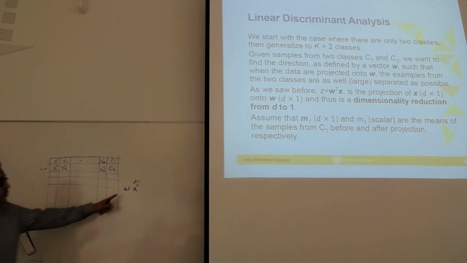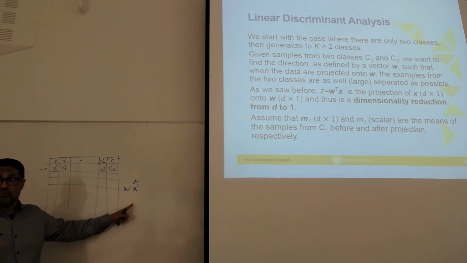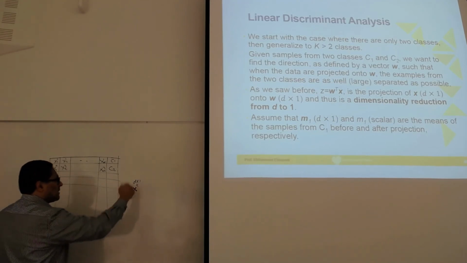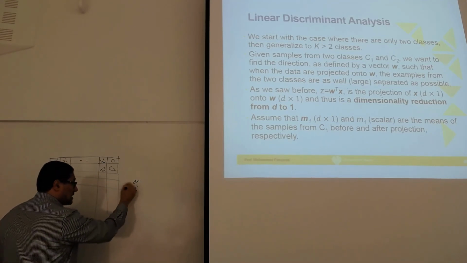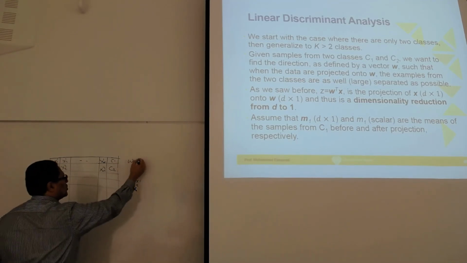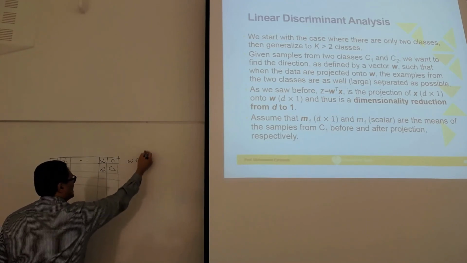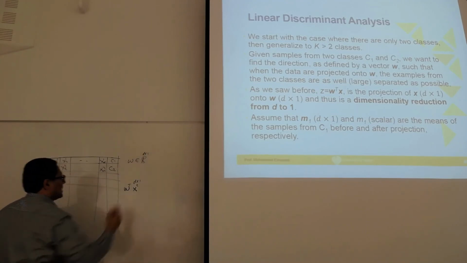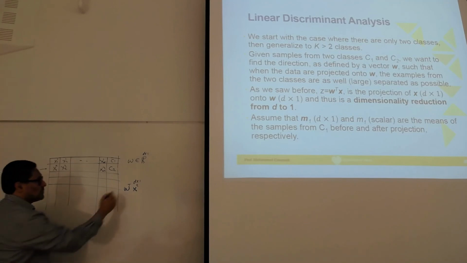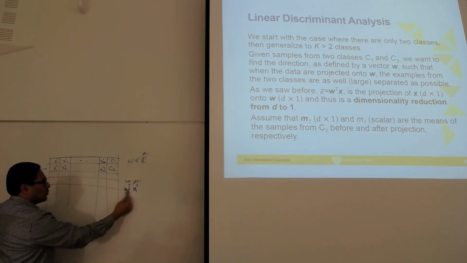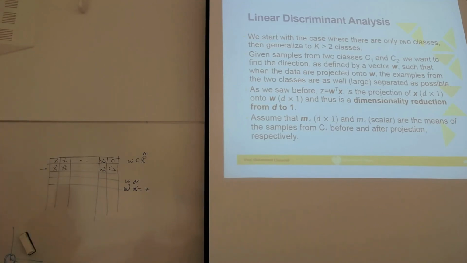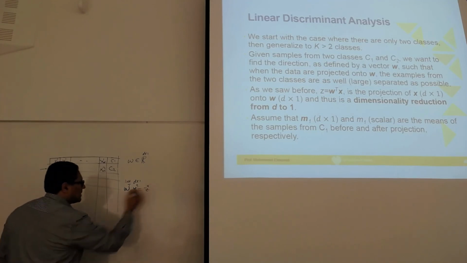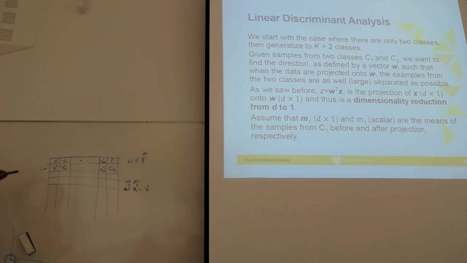When we multiply this weighting vector with x, we project from d dimension to 1 dimension, because w also belongs to R^d by 1. So when we take the transpose, it becomes 1 by d. When you make the multiplication, you will have a scalar, in that case z. So this will be zt, for sample t.